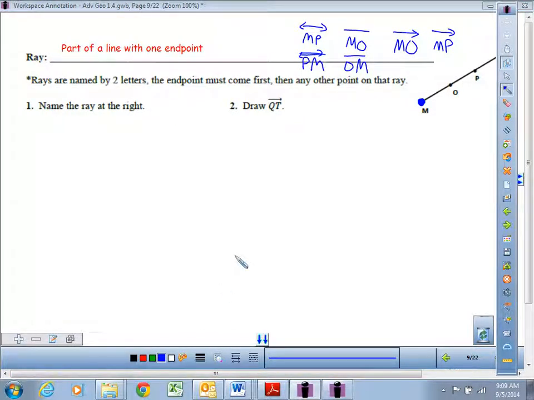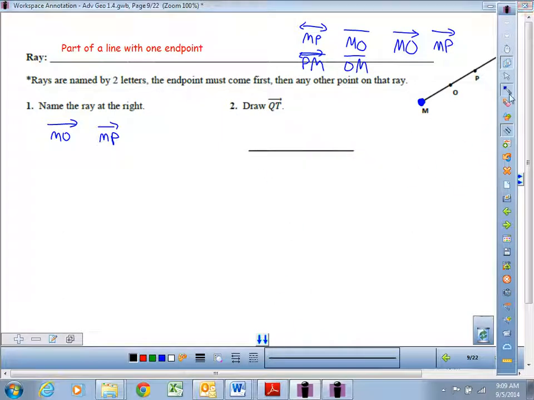Okay, so we want to name the ray at the right. We already named this ray. We named it ray MO, or you can name it ray MP because it also goes through P in that direction. Now we want to draw ray QT, no problem. So you can get your geometer out. You can plop that down.